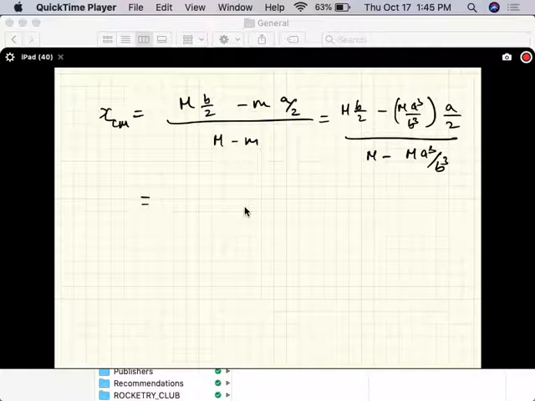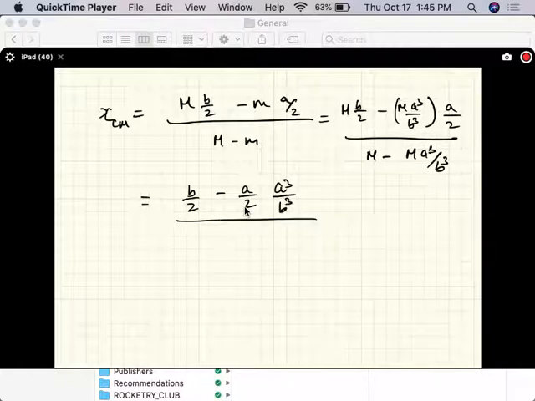All right, the M is common and it'll cancel, so it's B by 2 minus A by 2 times A cubed by B cubed, over 1 minus A cubed by B cubed.